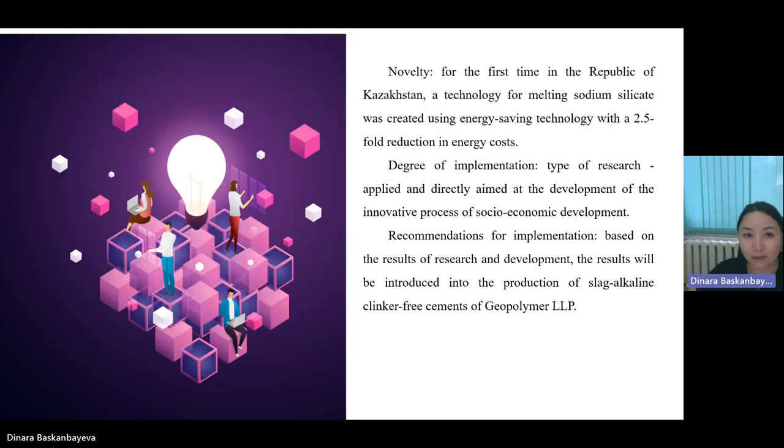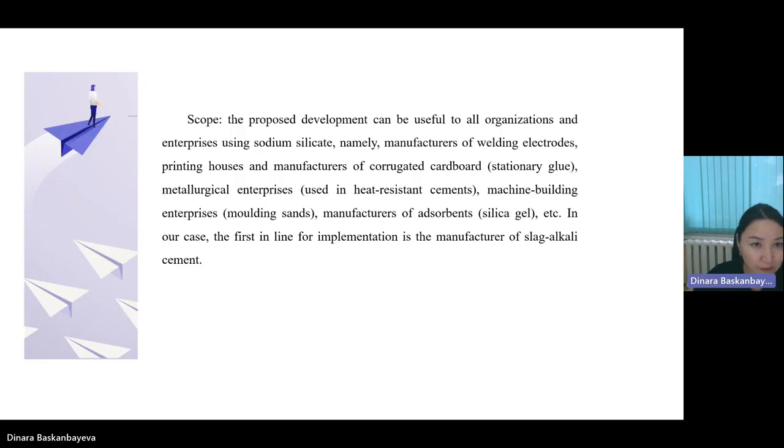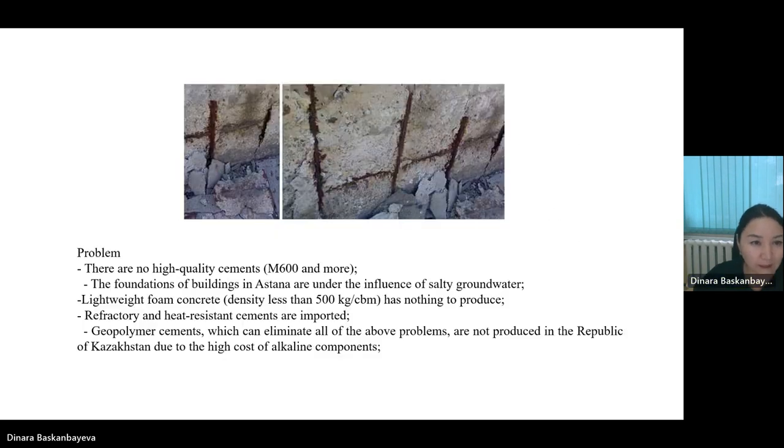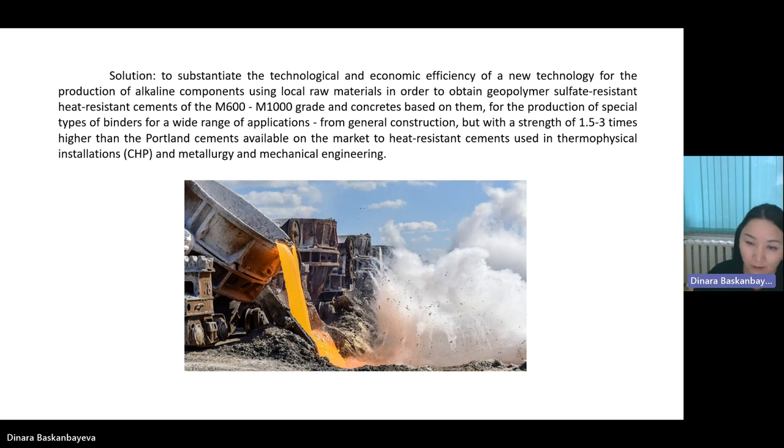Next, you can see the novelty and recommendations for implementation, scope, problems and solutions.